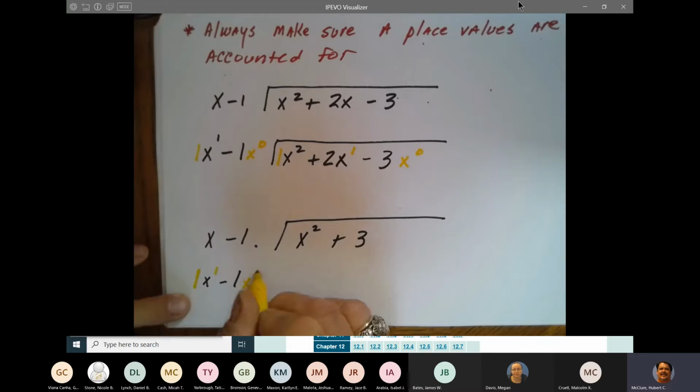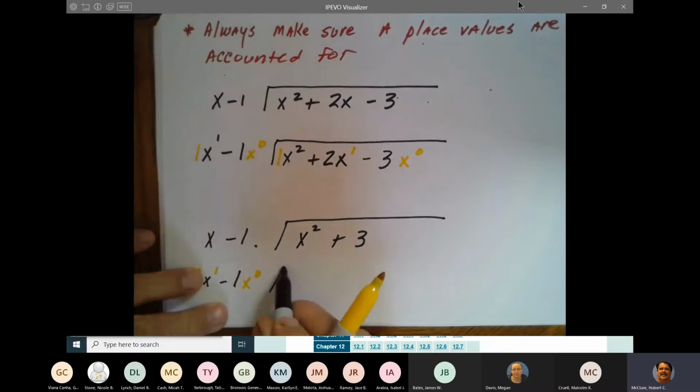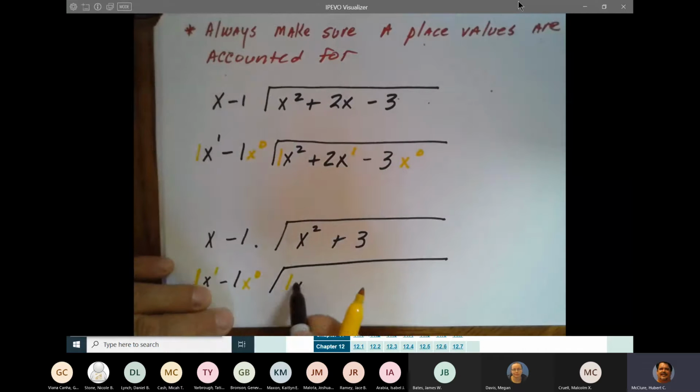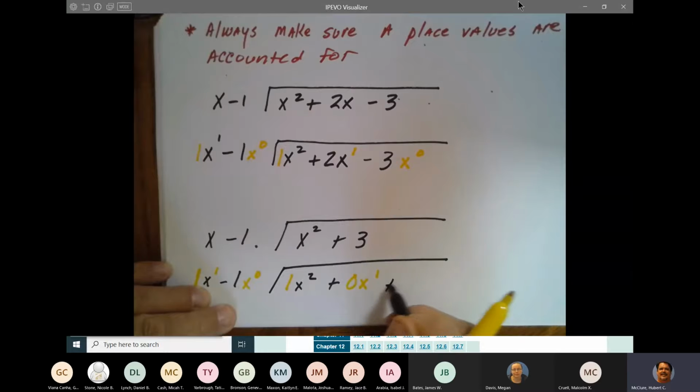So everything's accounted for there, because we got something here and we got something here. Into 1x squared. What comes next? Plus, we got to have an x to the first term, but there's not one there, so we got to add one: 0x to the first plus 3x to the 0.